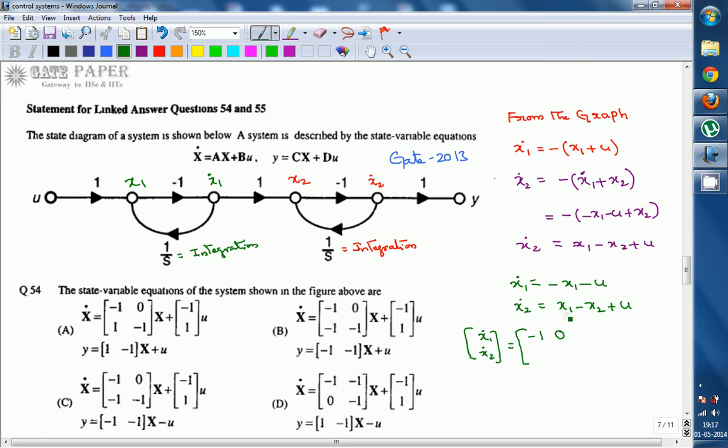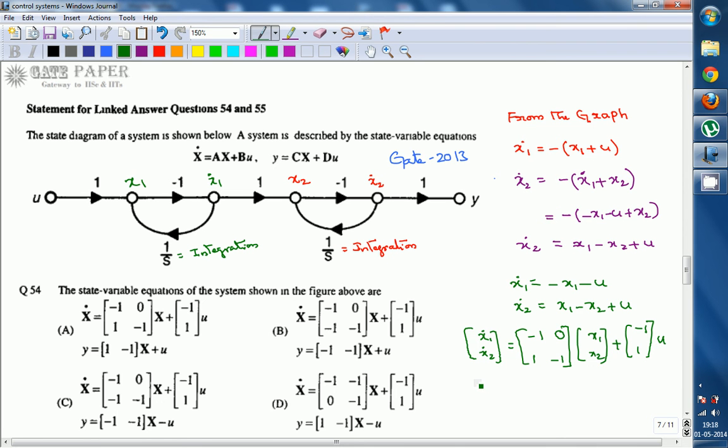Coming to the second algebraic equation, x2 dot, we get 1 and minus 1, multiplied with x1 and x2, plus, we have minus 1 for u, and 1 in the second equation, multiplied with u.